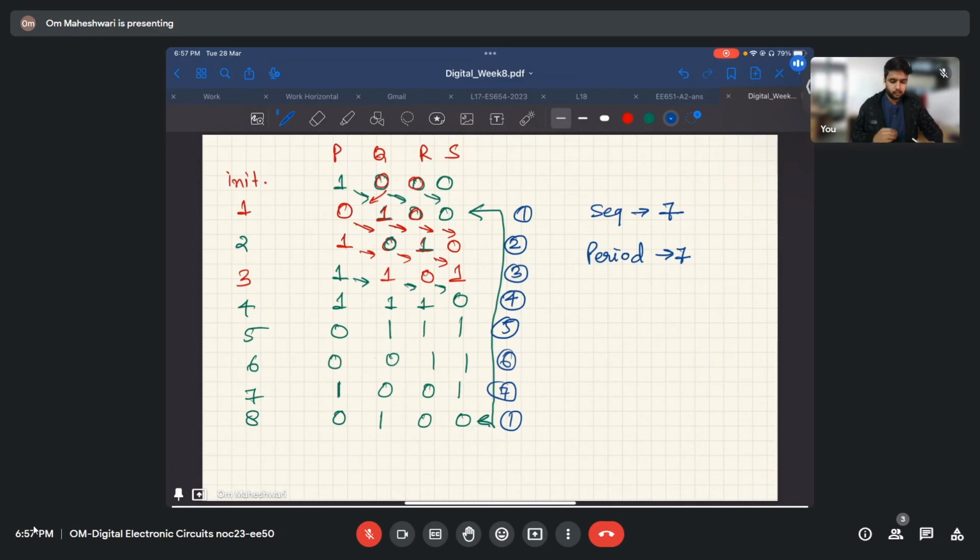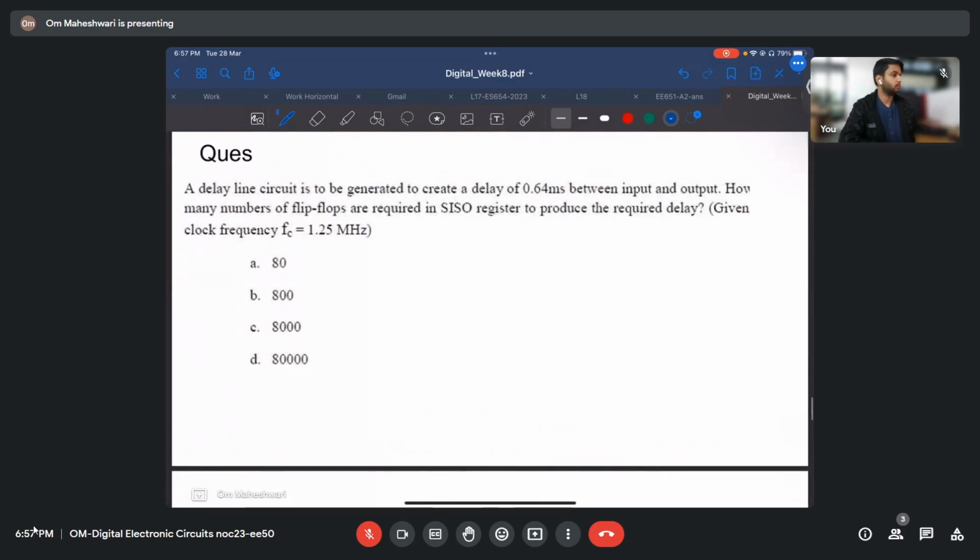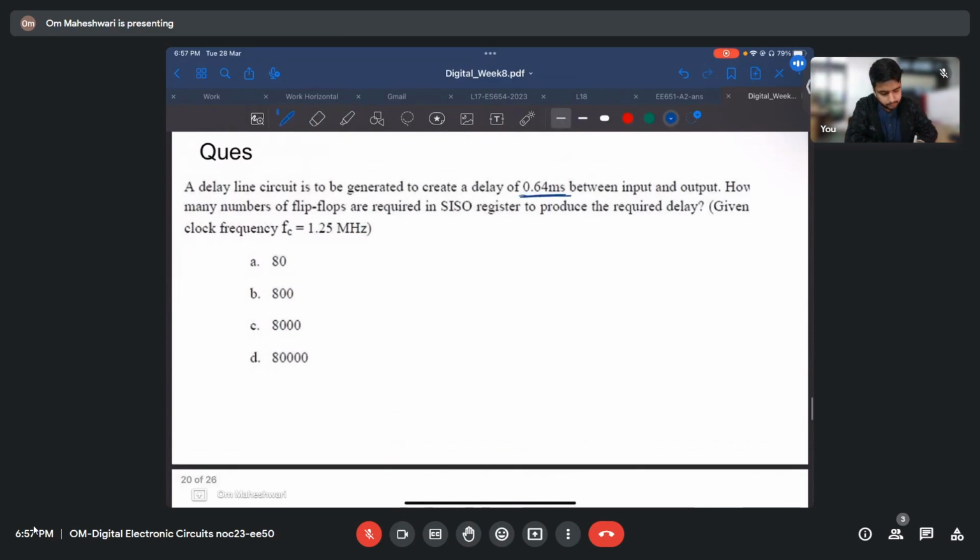Okay. So let us see the next question now. A delay line circuit is to be generated to create a delay of this much between input and output. How many flip-flops are required in a shift register to produce the required delay?